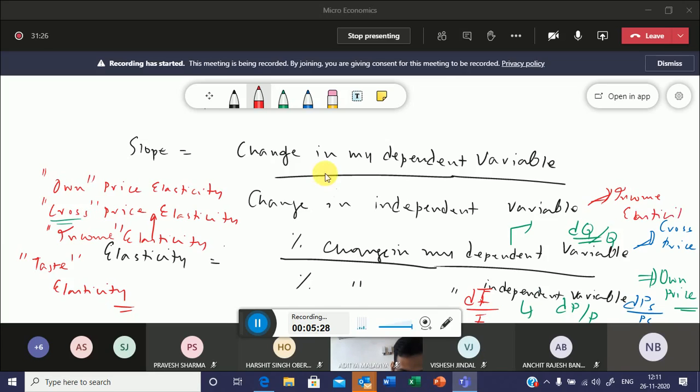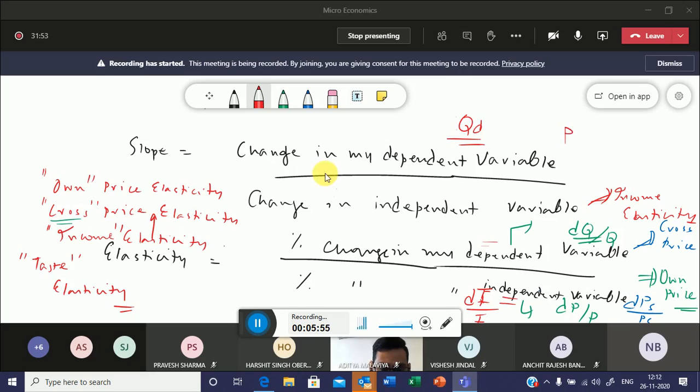Okay, so the point to note here, again I am repeating, is that the only thing which is changing is your independent variable, the denominator. Your numerator is not changing. The numerator is the same: the change in quantity demanded, right? The only thing which is changing is the denominator.